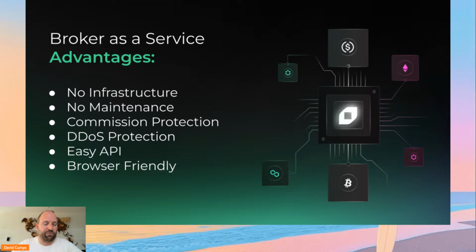Another little feature is the commission protection. Like I said, if people don't want to pay a commission, they will go to Chainflip directly. But let's say somebody wants to be smart and use your API key, but change the commission to 0, and whatever system you have built on the backend can't deal with that, Broker as a Service protects your minimum commission on each swap.